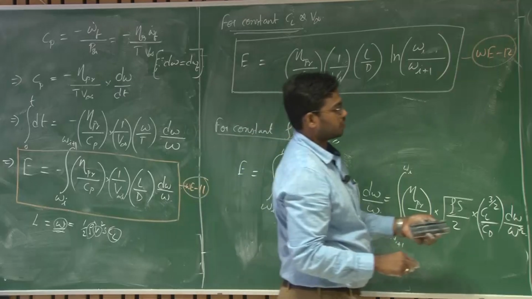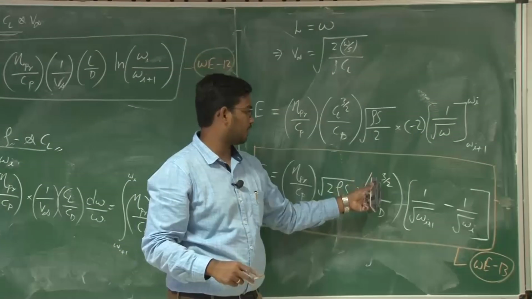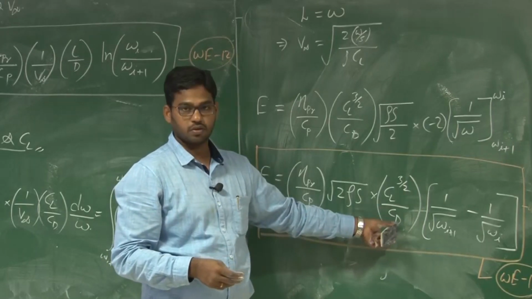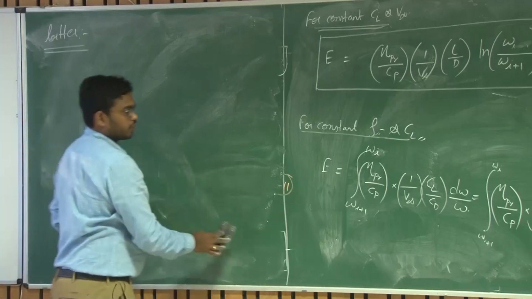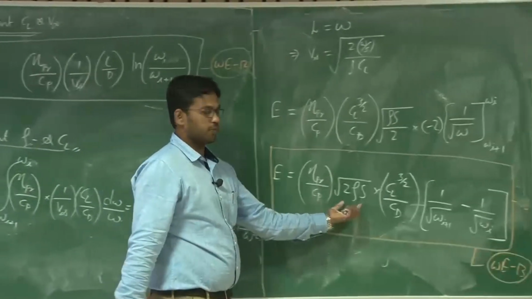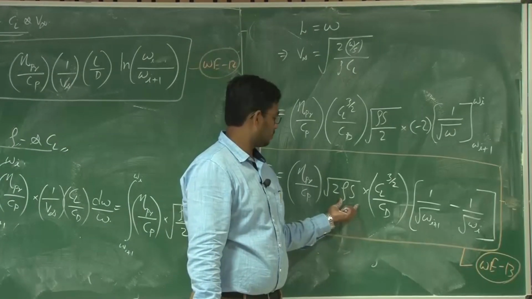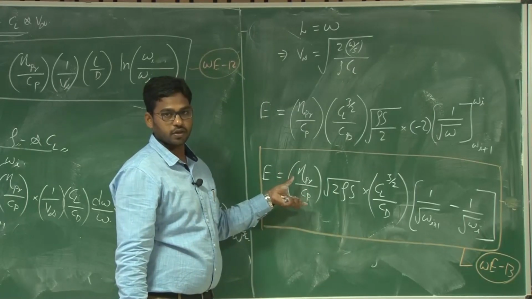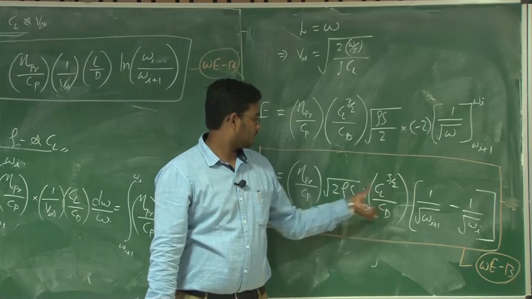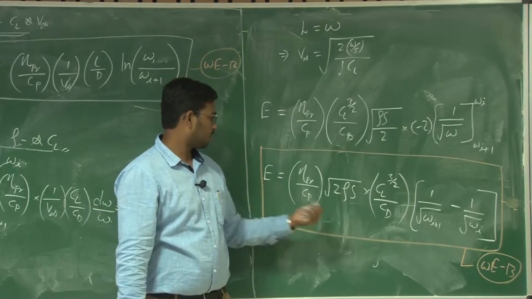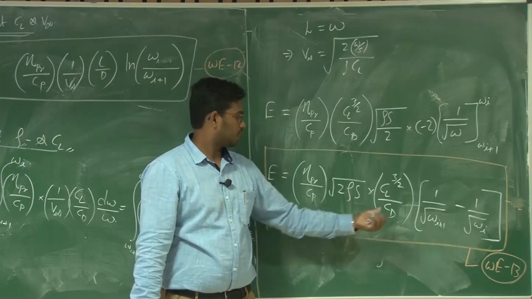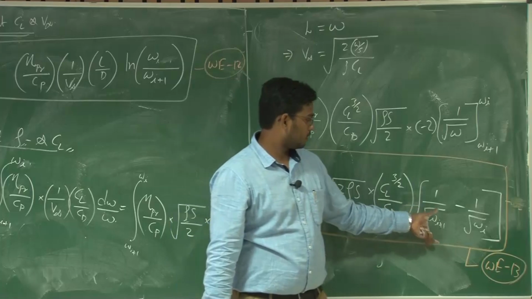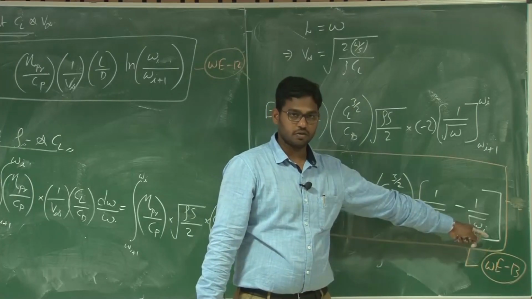In this case, E can be maximum when CL power 3 by 2 by CD is maximum. If you fly at sea level, this particular term will be higher, assuming these parameters are not affected by either velocity or altitude, right. If you want this E to be maximum, rho has to be at sea level, CL power 3 by 2 by CD has to be maximum, and you should carry more fuel, right.